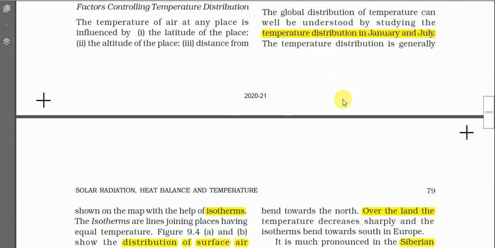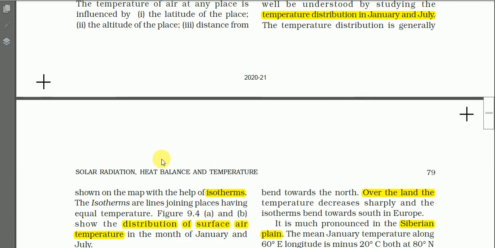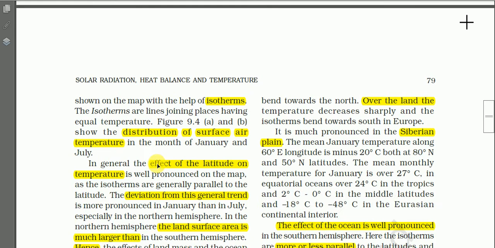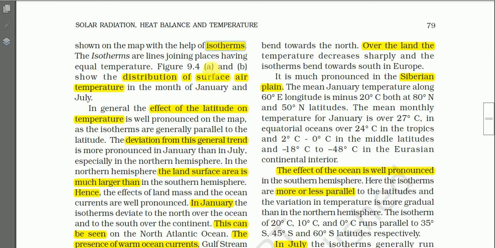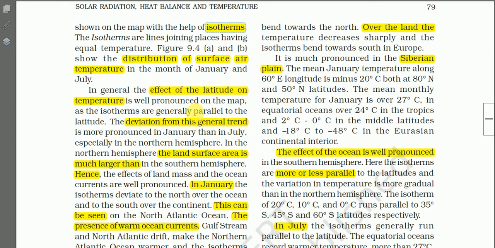Temperature distribution is generally shown on the map with the help of isotherms. So what are isotherms? You might have learned earlier. Isotherms are lines joining places having equal temperature. This is an imaginary line joining places having equal temperature.